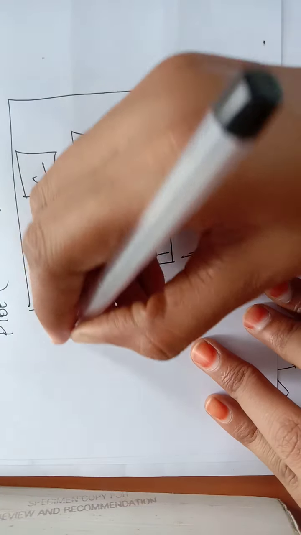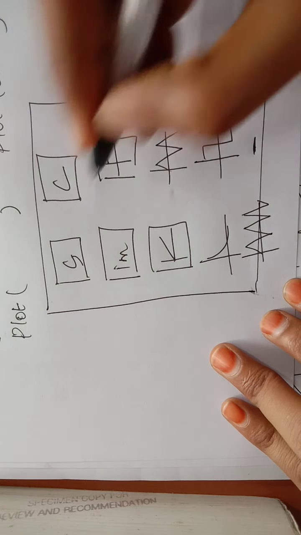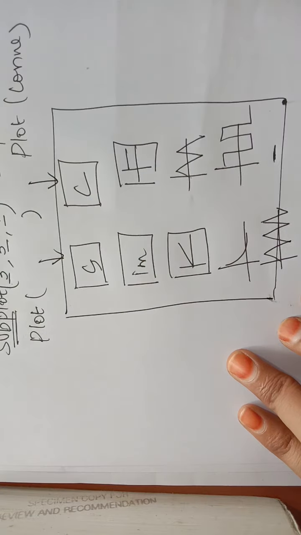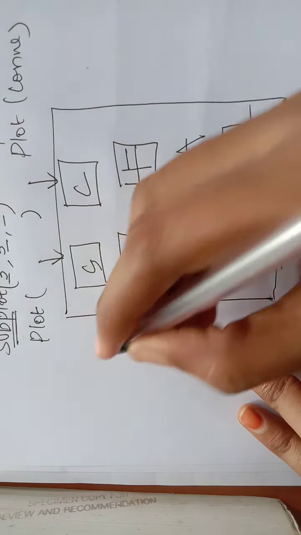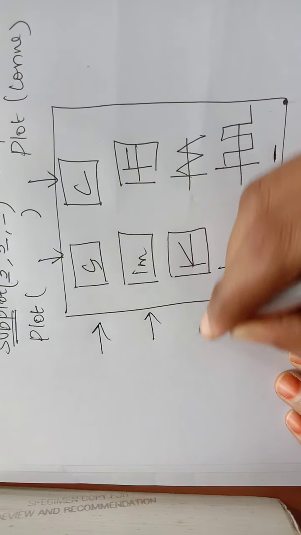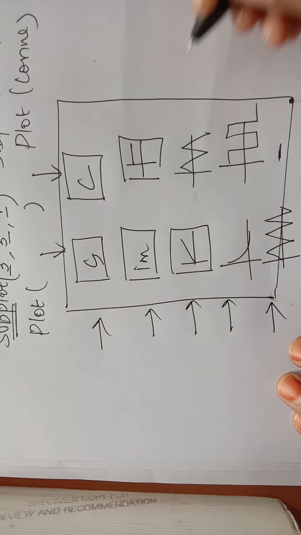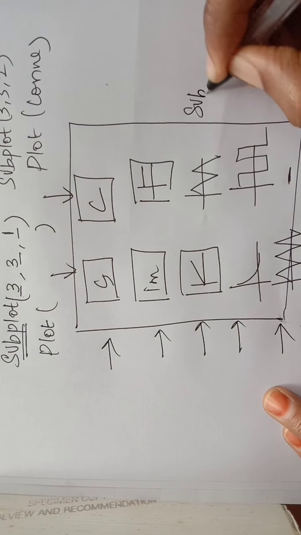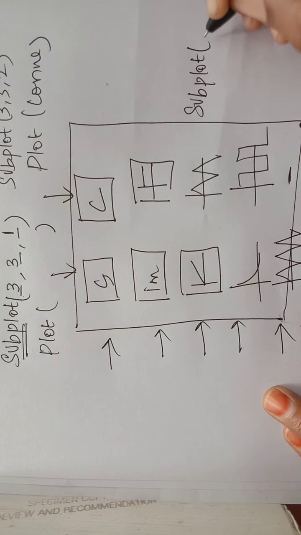Here you tell how many rows and how many columns there are. You have 2 columns and 1, 2, 3, 4, 5 rows. So in this case I have to use subplot of 5 rows, 2 columns.